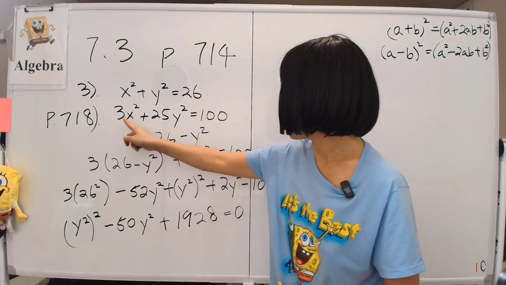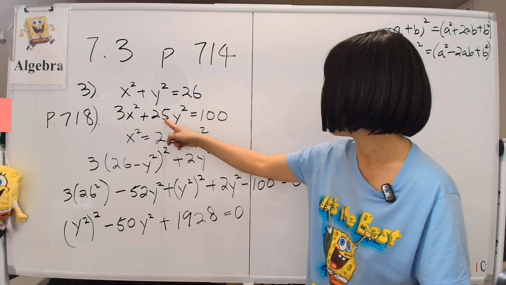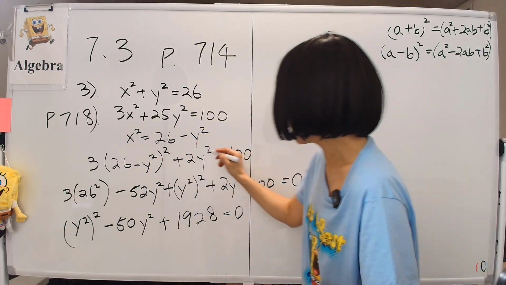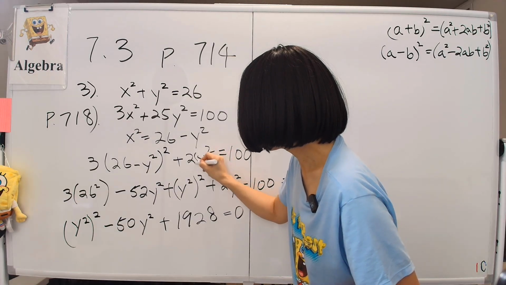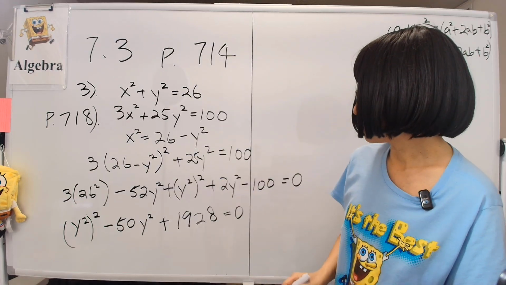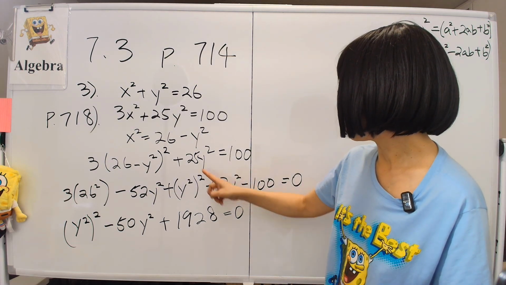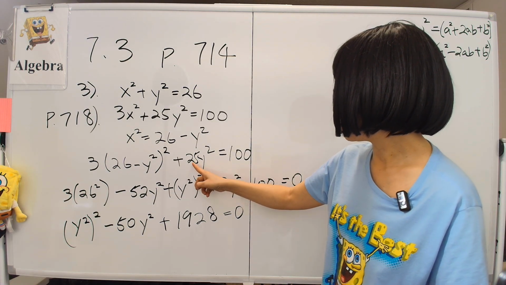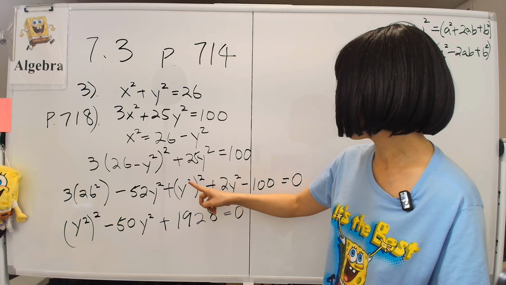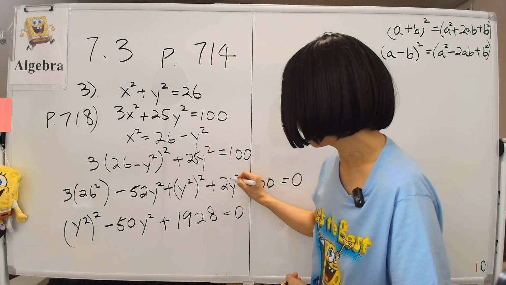It's 3x squared plus 25y squared. I'm missing a 5 here. That would make things somewhat different. We have plus 25y squared, and then that's plus 25.